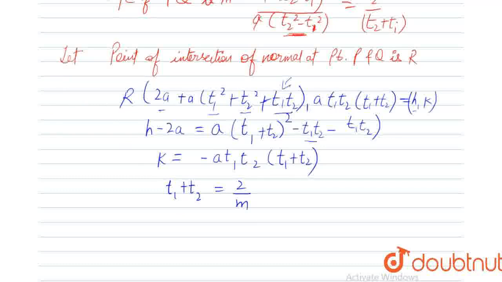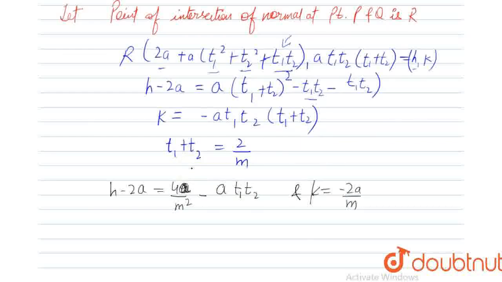Then if we take this h minus 2a, it will be equal to 4a upon m square minus a t1 t2, and at the same time k is equal to minus 2a upon m times t1 t2, because we have already found that t1 plus t2 is equal to 2 upon m.